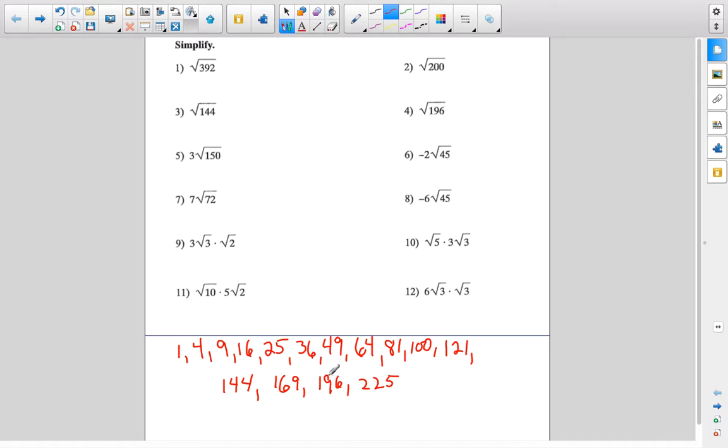So the first 15 perfect squares you need to memorize.